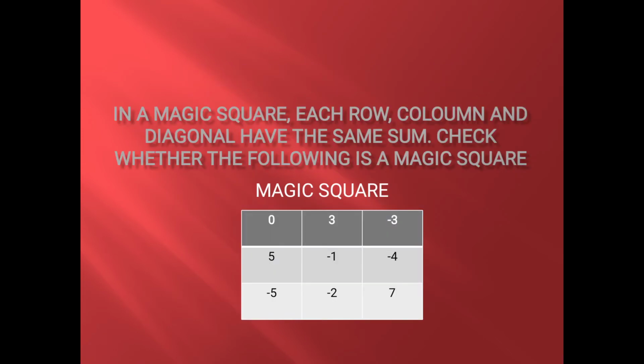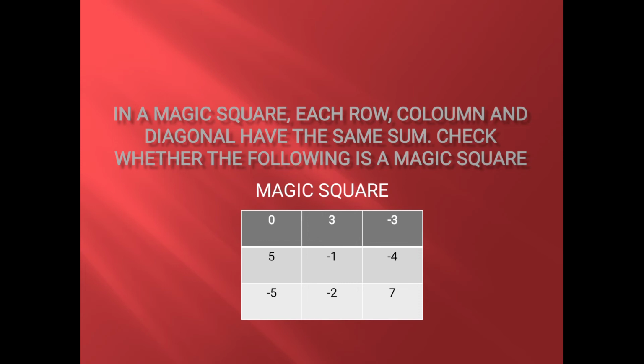Now an example: in a magic square, each row, column and diagonal has the same sum. Here there are 3 rows. What is a row? A horizontal line is called a row, a vertical line is called a column. In the first row, 0 plus 3 plus minus 3, the answer is 0.